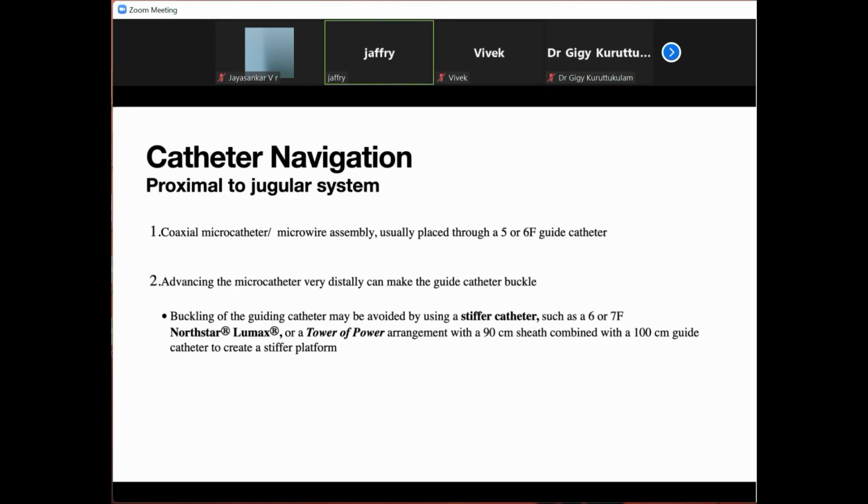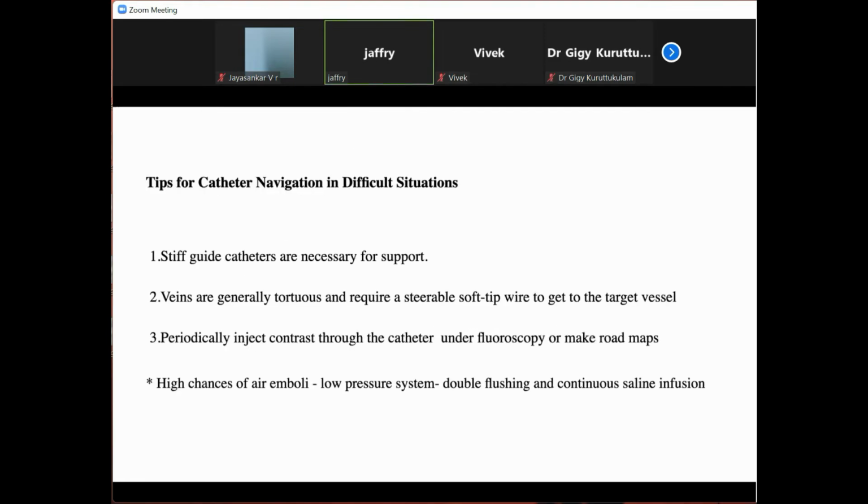To avoid that, stiffer catheters like North Star and Lumax are recommended. The other option is the tower of power technique, a 90 centimeter sheath combined with a 100 centimeter guide catheter to create a stiffer platform, so that we can avoid buckling and pass the microwire easily.